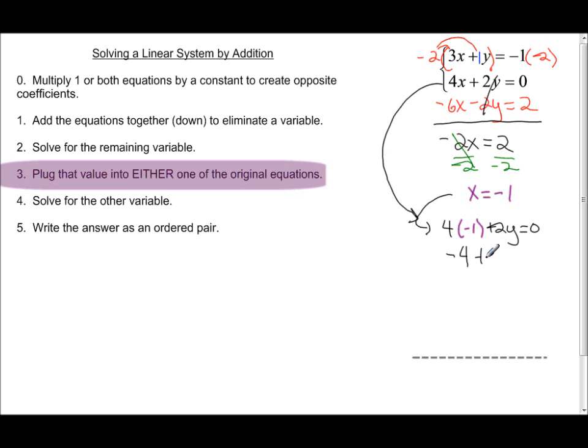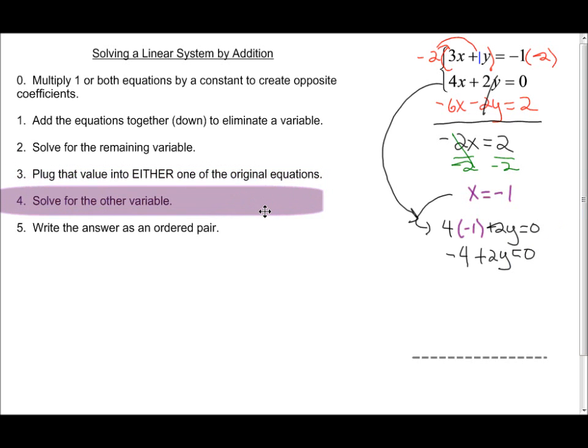Now I'll just start to simplify. Negative 4, rewrite the rest of my line. Oh, excuse me, I should have made the statement here that I'm now solving for the other variable. So now I will add 4 to both sides. And when I do that, I will get 2y equals 4.